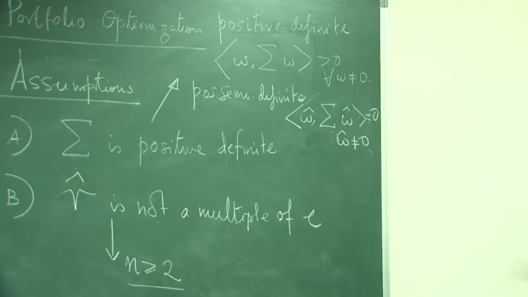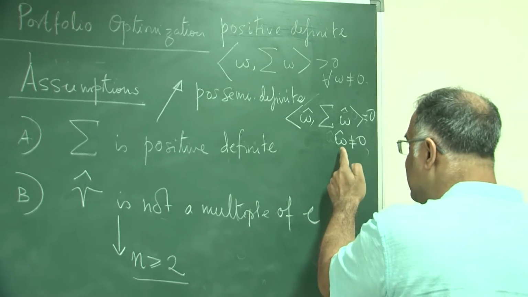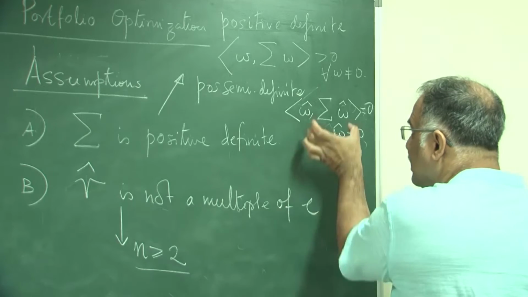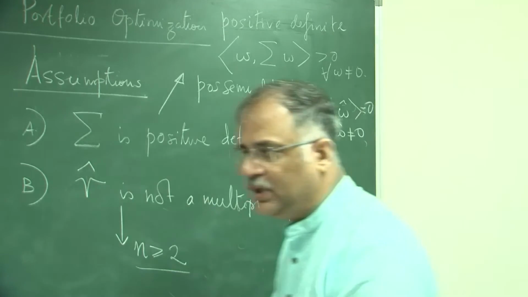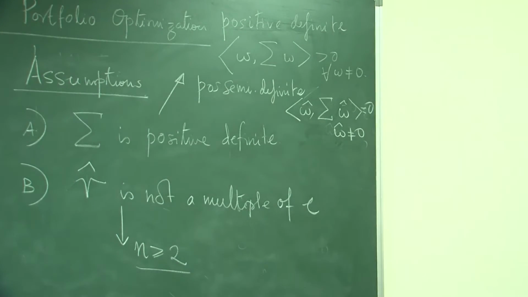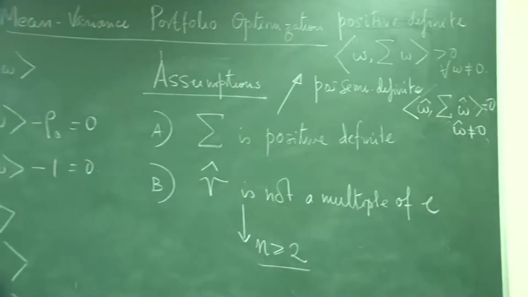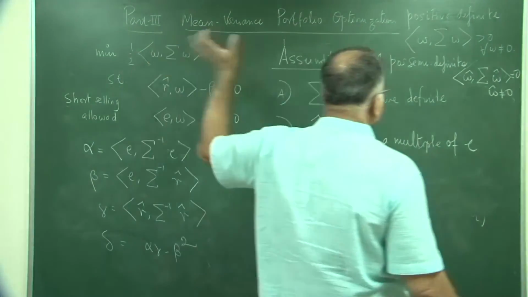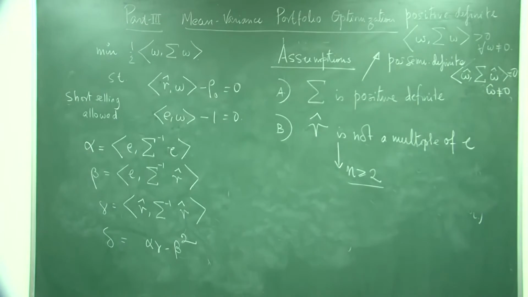Which means that if it is just positive semi-definite, there could exist an allocation of weights such that the risk is 0. So I will allocate in that way, I do not care about anything else. If my risk is 0 and I am getting that reward, so there could be a W hat which satisfies this and gives me 0. So that is optimal. That is exactly what I will do.